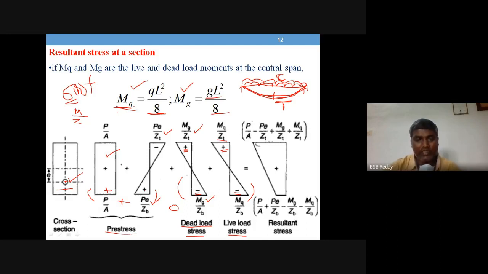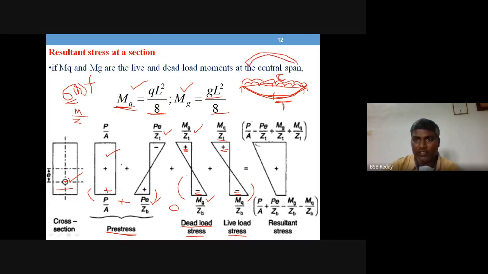So this is the advantage of the pre-stressing member, and this is how the section is going to behave. When you induce pre-stress, when you pull the tendon and create compression at bottom and tension at the top of the pre-stressed concrete member, it is going to bend in a hogging manner, right?